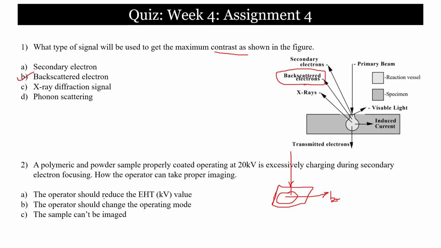Here the operator should reduce the energy of the electrons, because the energy of electrons is too high, so they are being accumulated on this surface and giving this bright image which is known as the charged image. So the operator can reduce the EHT value to get a good quality image.